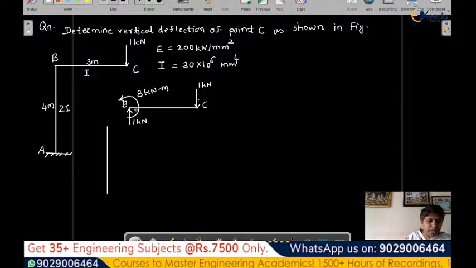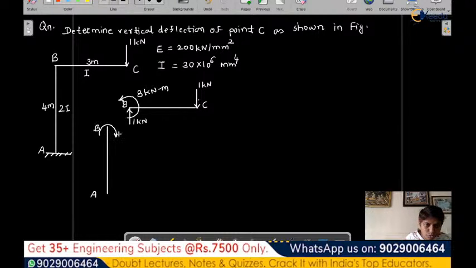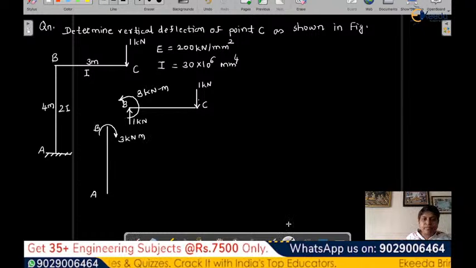Now let's go to AB. Okay, so let's see AB. Now again we have to see the relation at B. So here at B, when it is anti-clockwise, again to resist that, there has to be clockwise movement. So we have to show clockwise movement. So that is 3 kilonewton meter. Then this 1 kilonewton is going up.